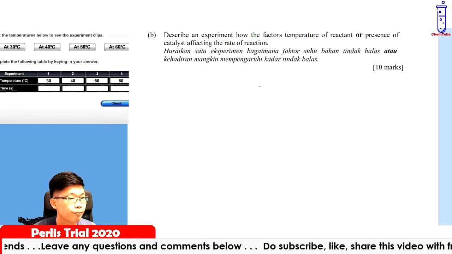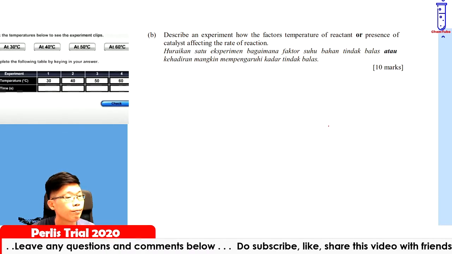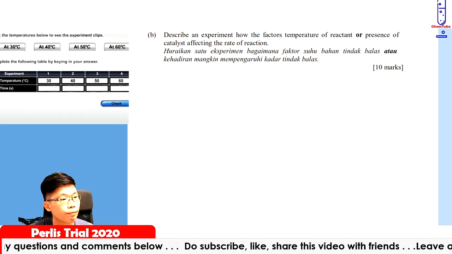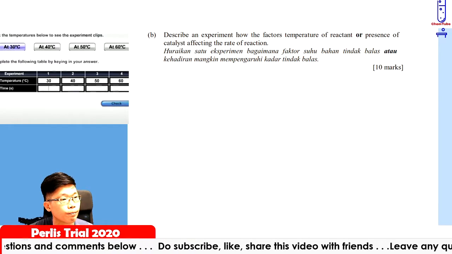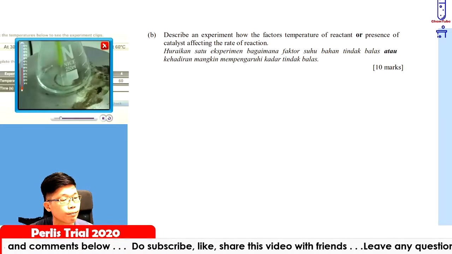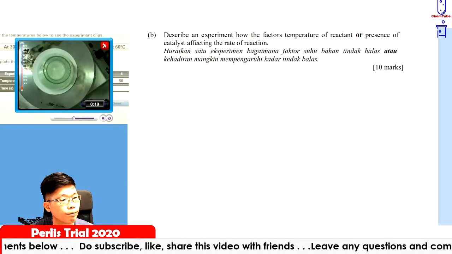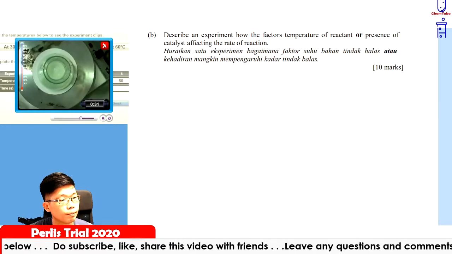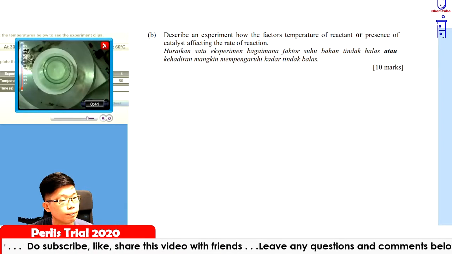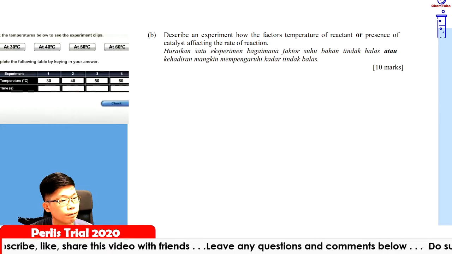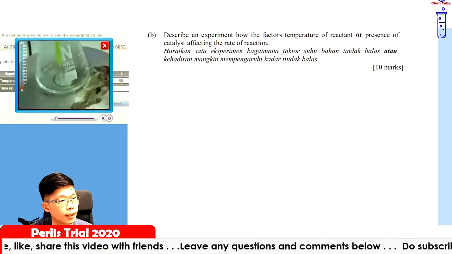Record the time taken for the process at different temperatures. Key in the recorded time in the table provided. So record the time taken.